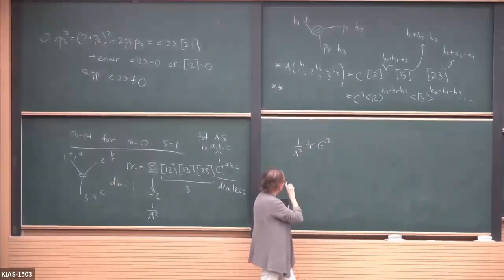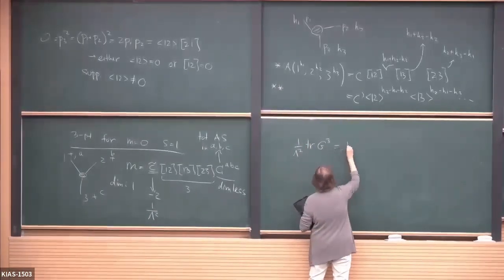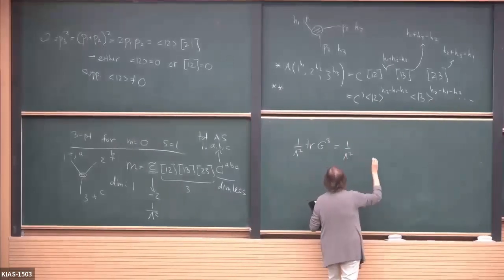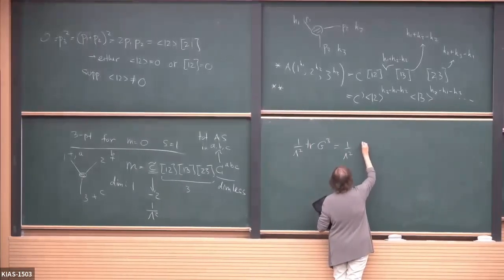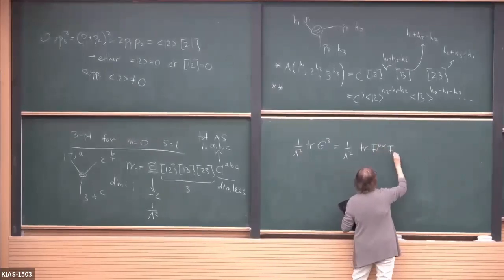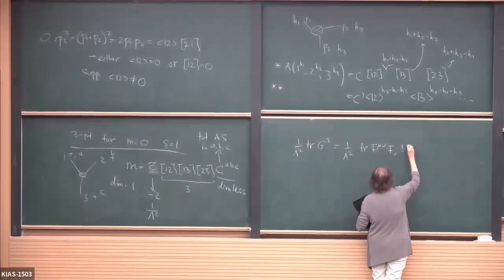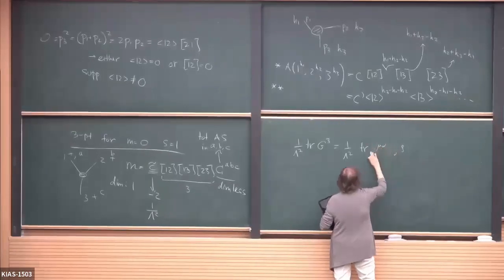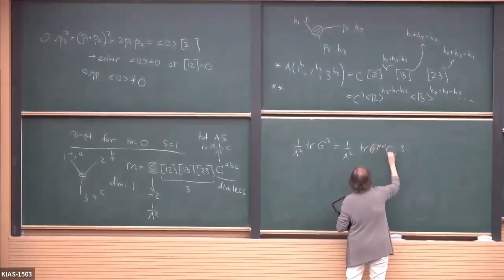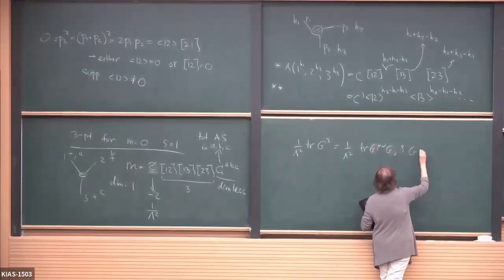So if I write it in the Lagrangian, this is 1 over lambda squared trace F_{μν} F^{νρ}... okay, let me write G's here. G, G, and G.